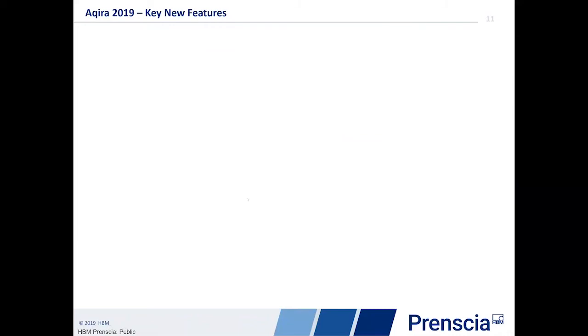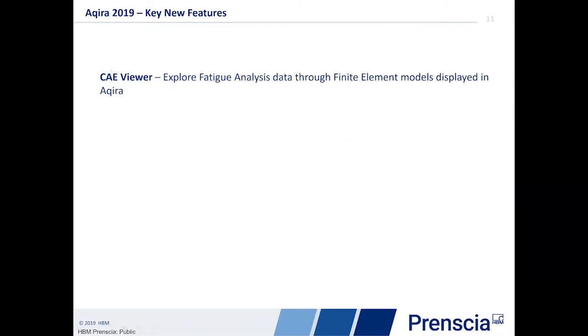So in Akira 2019 now, we've got a CAE viewer, which is a new, far more efficient way of looking at FE models. It's much faster in your web browser than it is on your local machine, thanks to the CAE viewer. This, with the data search, will be the topics of future webinars.